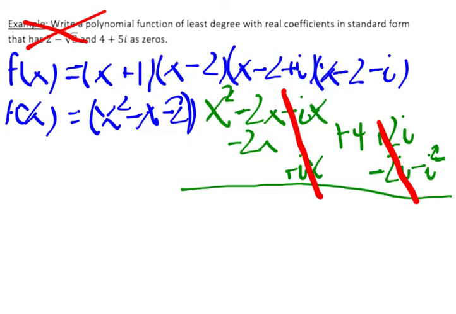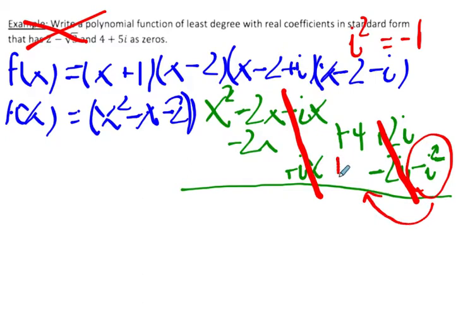So i squared, you learned in Algebra 2 Honors or in regular Algebra 2, either of those, that i squared is equal to negative 1. So that means that this negative i squared that we see here is actually going to become minus negative 1. So that's going to align over here as plus 1.